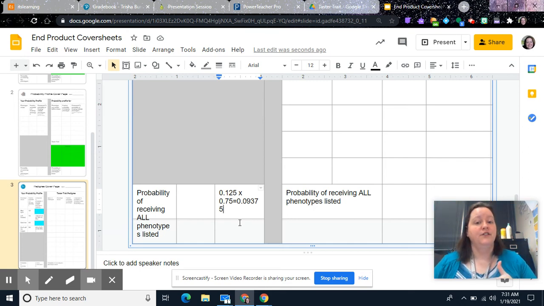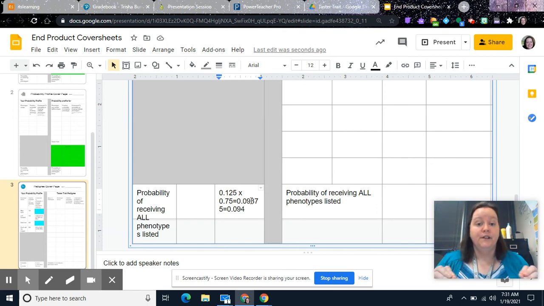So if we all round to two significant digits, that means after all of your zeros, you're going to round to two places. So mine would be 0.09. Look at the 3 and then look back at the 7. The 7 is bigger than 5, which makes the 3 a 4. And so that would be rounding to two significant digits.